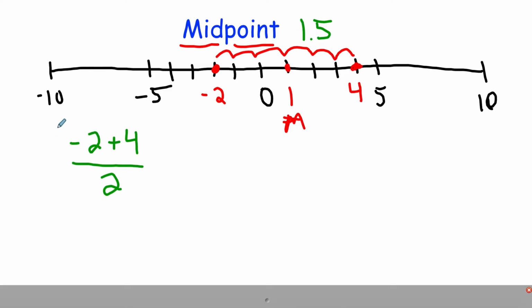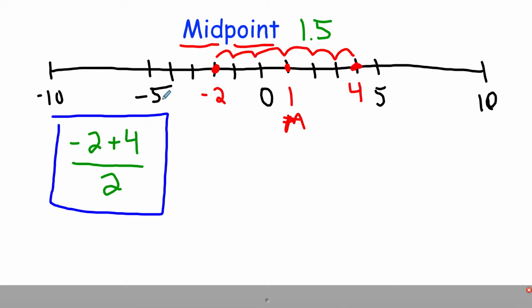This is the same as an average. You've seen this before when finding the average between two numbers. That's essentially what we're doing: we are finding the average. So I would write that out. It's the same as average. And when we're finding the midpoint, we're essentially finding the average between those two values.